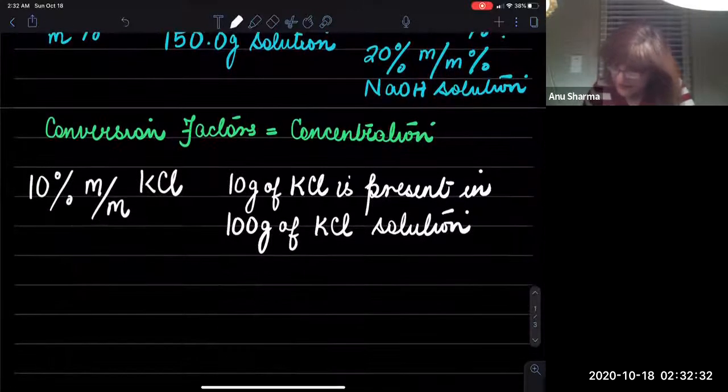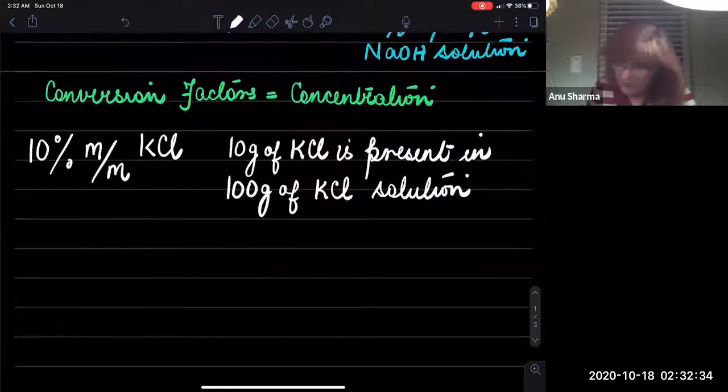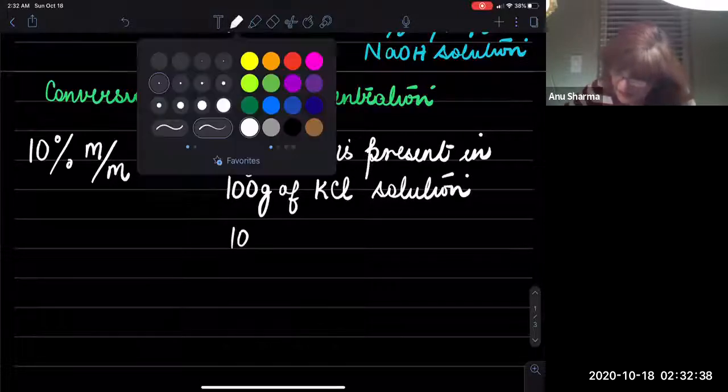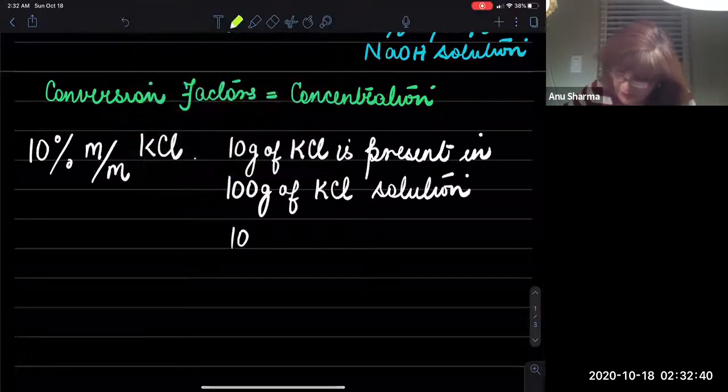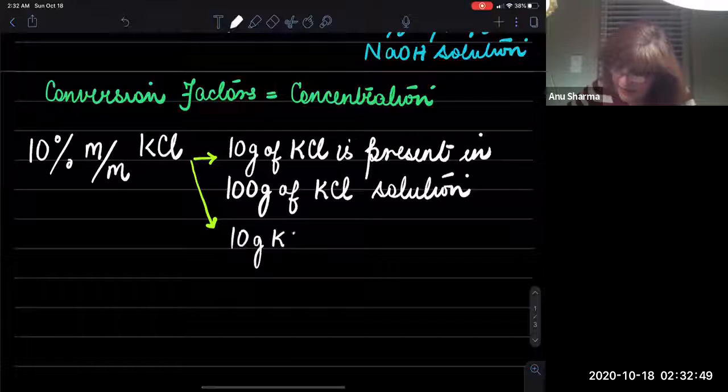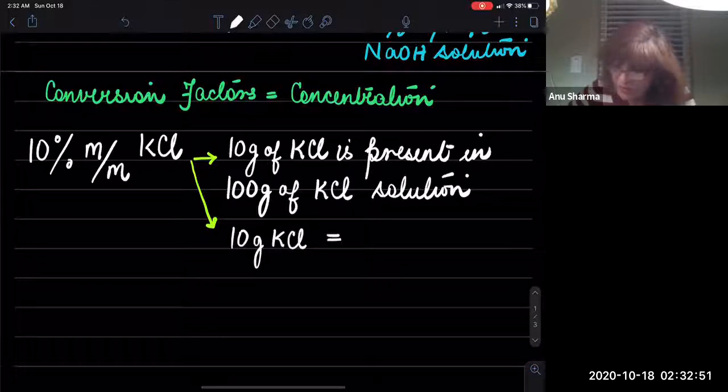These are the different meanings. This is one meaning, and this is the next one: 10 grams of KCl is equal to 100 grams of solution.